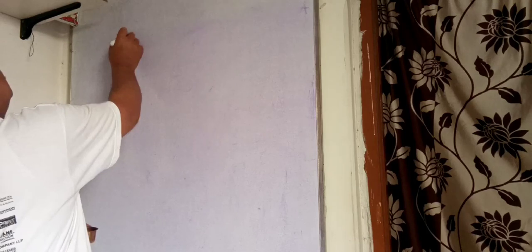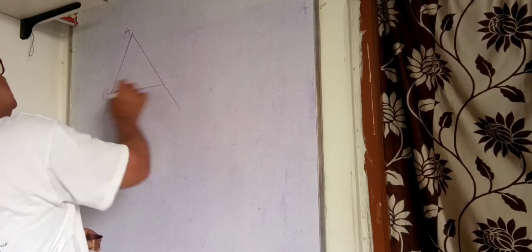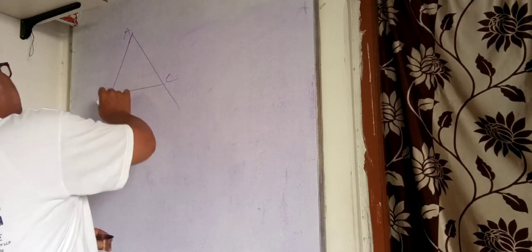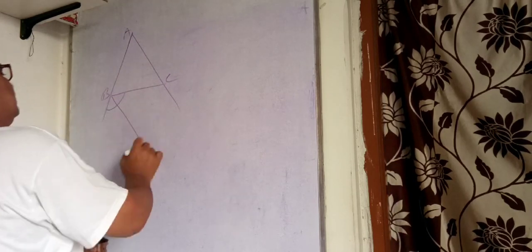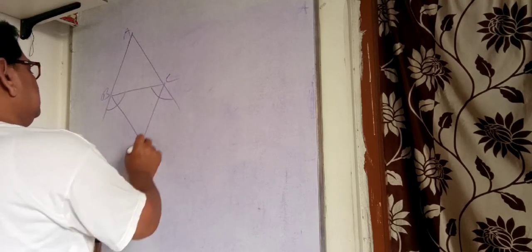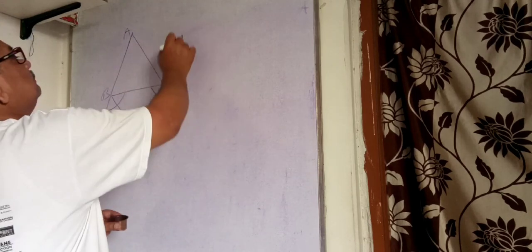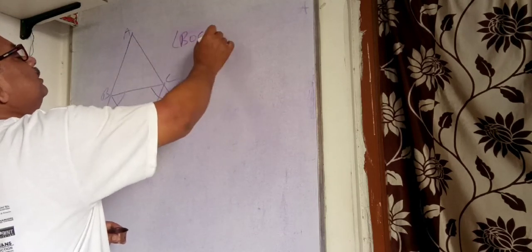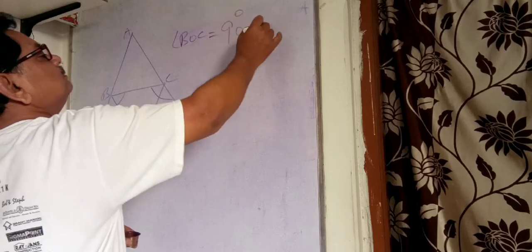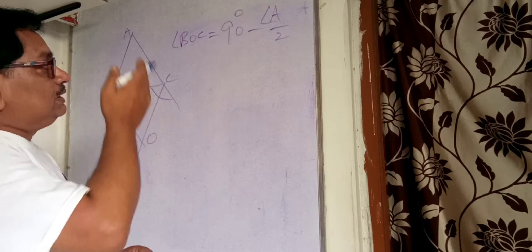Let's suppose ABC is the triangle, and here is the external bisector of angle B, here is the external bisector of angle C, let them meet at O, then certainly angle BOC will be equal to 90 degrees minus half angle A. This is also a very important result.